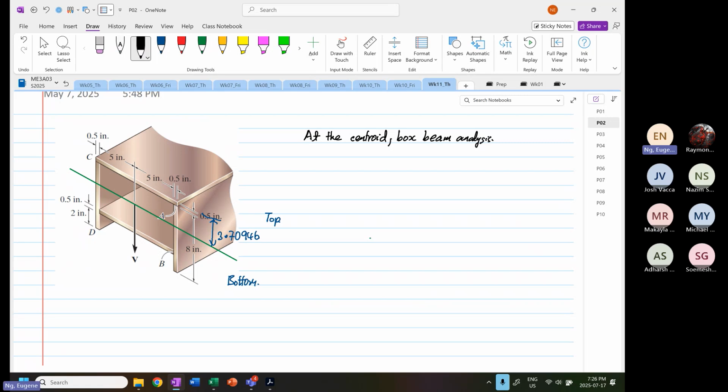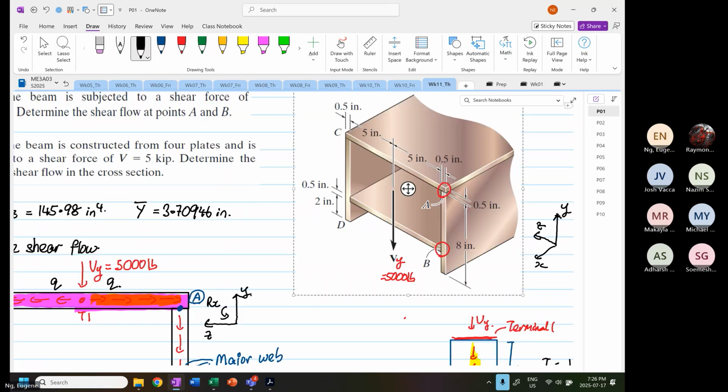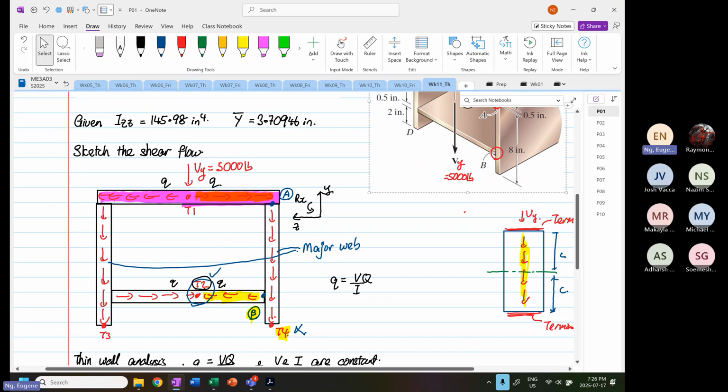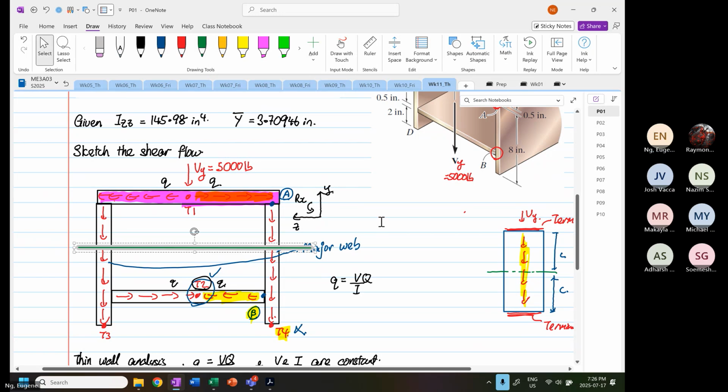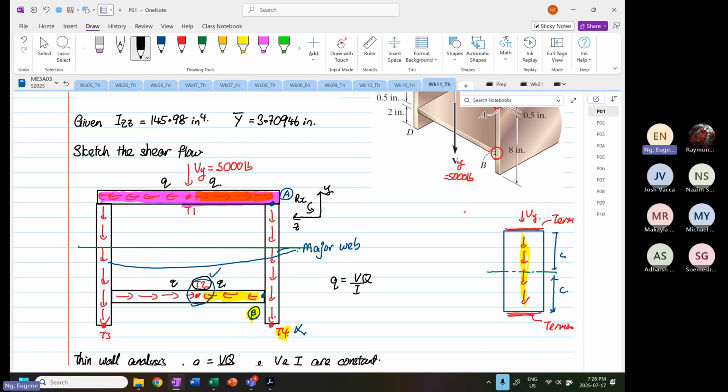Now, if we look at the top part, it's very straightforward. For example, I'm just going to sketch our geometric centroid. So you have Q at one end and Q at the other end.